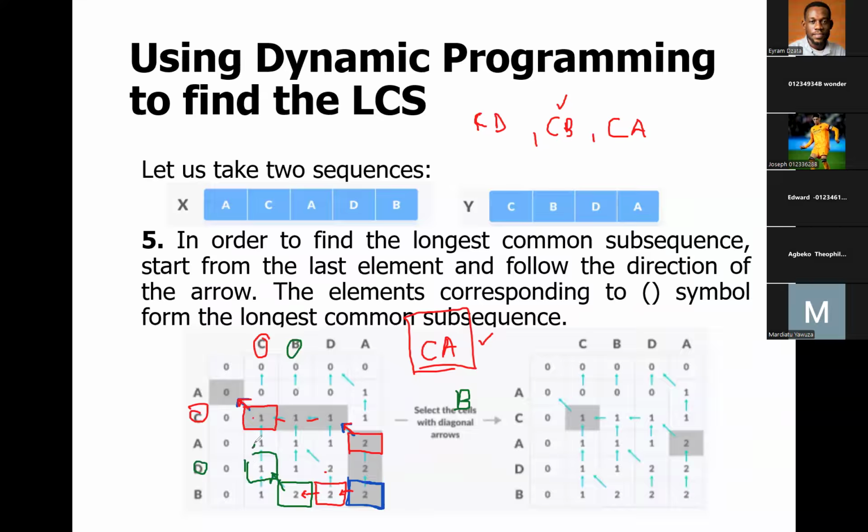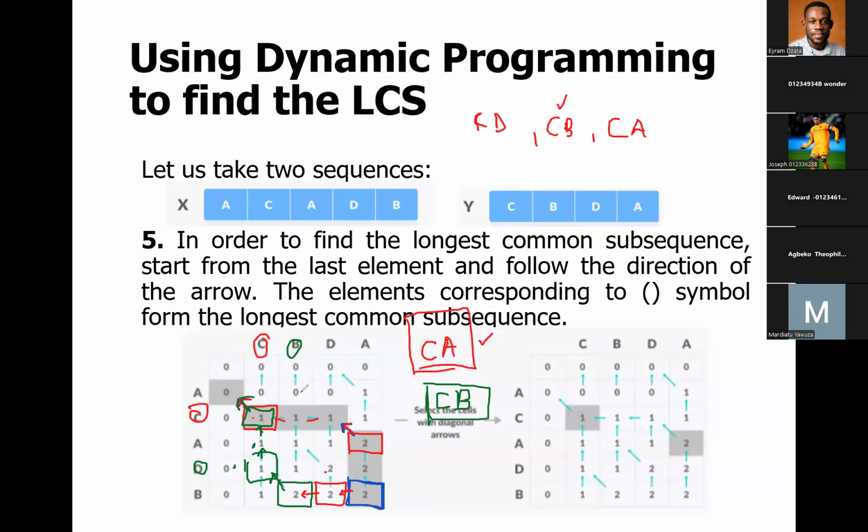So if they are not the same, we look at 1 and 0, which is the maximum. 1 is the maximum, so we are going up. The same applies to this. We are going up, and then this will lead us to this cell, C and C, and we have a diagonal here. So this will give us the optimal of C, of CB. Do you get the logic?